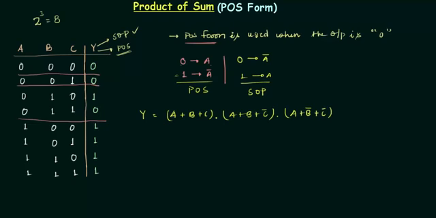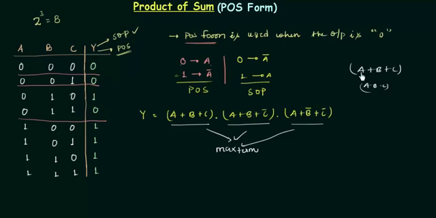These three we will call the max terms, and in case of SOP form we had the min terms. We call them max term or min term because of their size. If you write A or B or C, and if you write A and B and C, you can see their size.